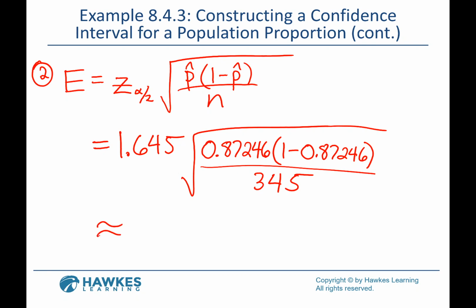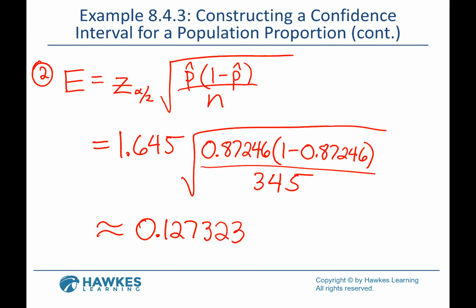So here, the margin of error rounded to 6 decimal places is 0.127323. That's how I do it. You can type it all in just like it's written, but I don't like having to mess with all those parentheses.